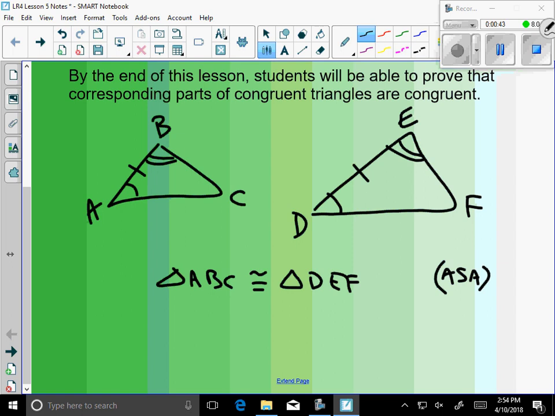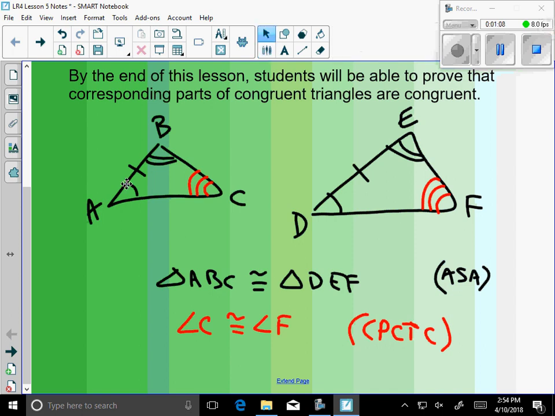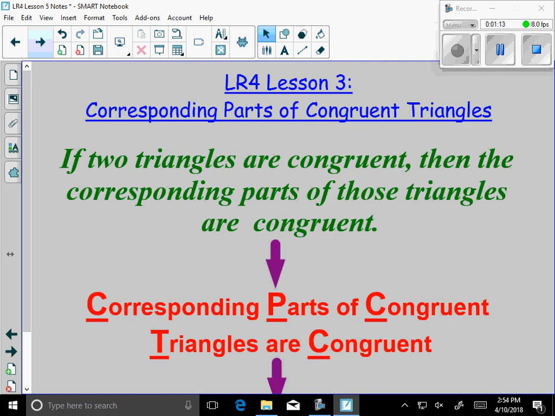At this point, we can say that any of the other parts are then congruent. So I could say that angle C is congruent to angle F by what we call CPCTC. That's a T. What that means is corresponding parts of these triangles that we've proven congruent are then congruent. So we have to prove triangle congruence before we can prove parts congruent. That's basically what this slide is saying.